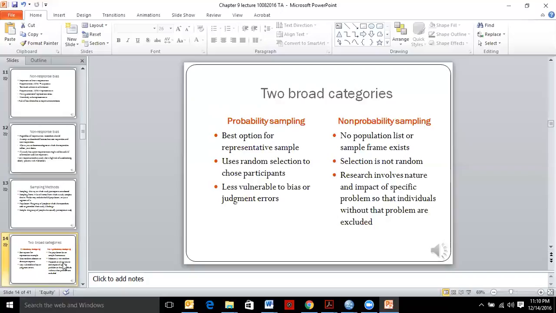In non-probability sampling, no population list or sample frame exists, and the selection is not random, and the research involves the nature and impact of a specific problem so that individuals without that problem are excluded.